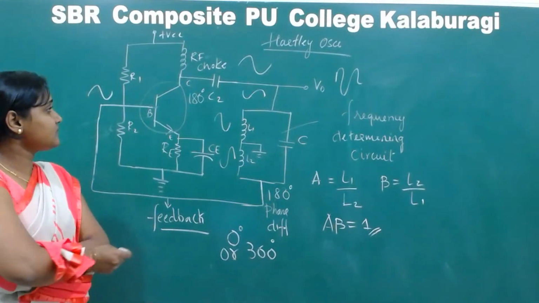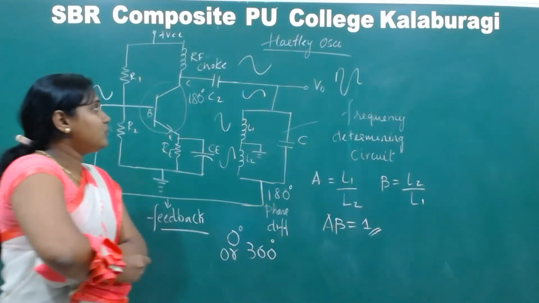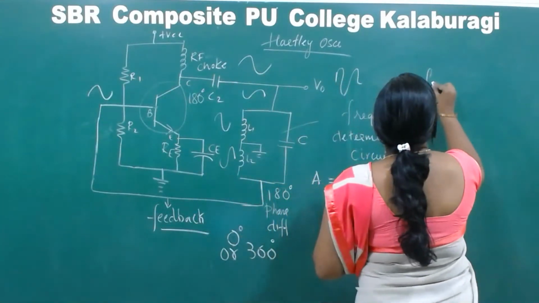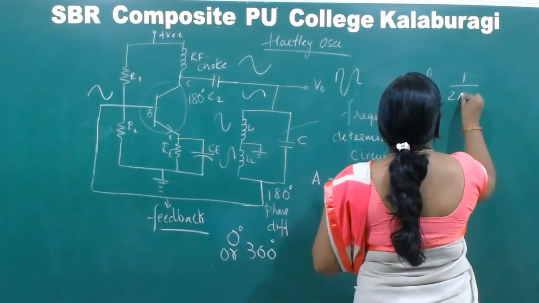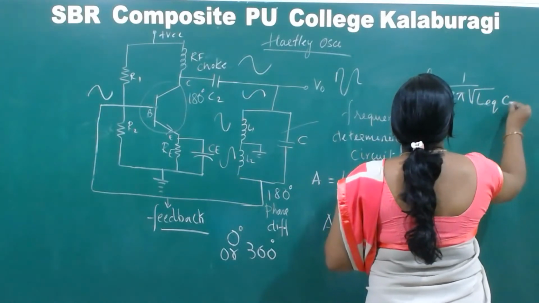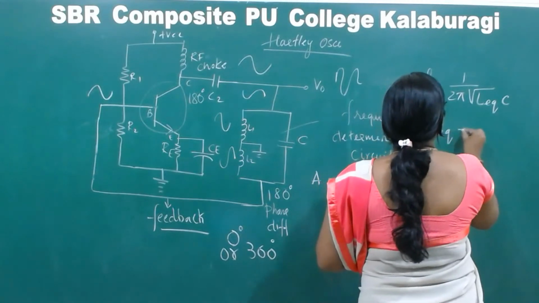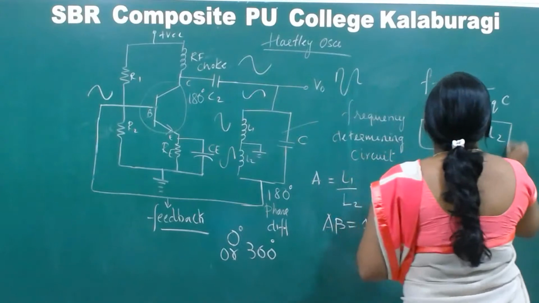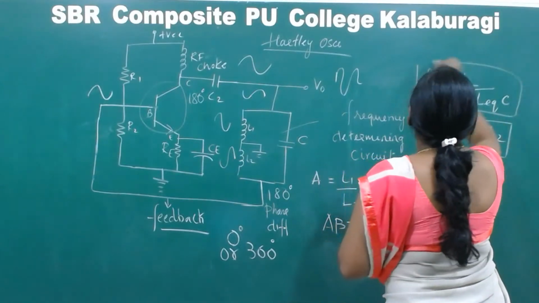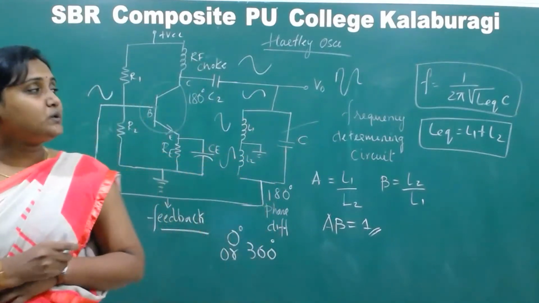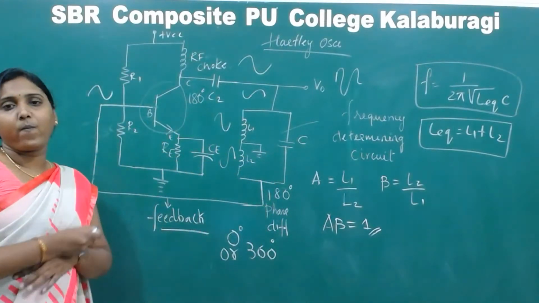Clear? So this is about the working of the Hartley oscillator, where its frequency is given by 1 divided by 2 pi under root L equivalent C, where L equivalent is equal to L1 plus L2.